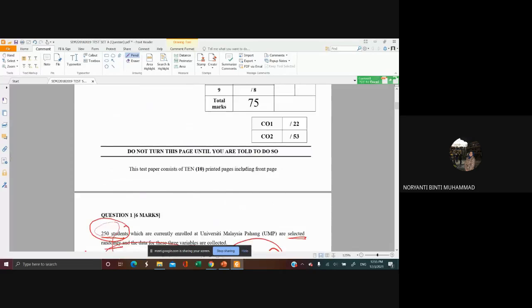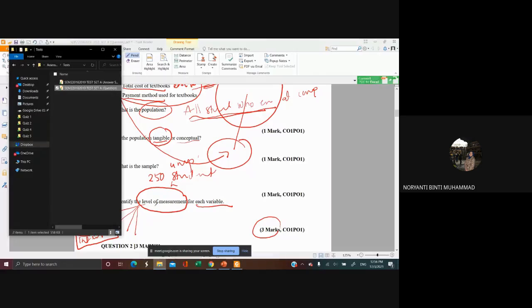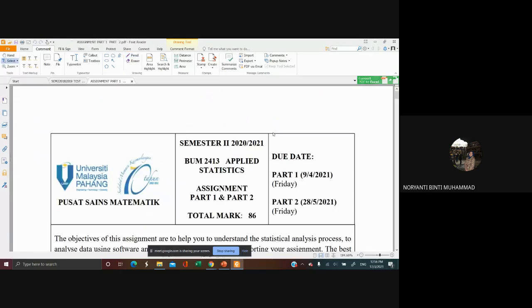Sebenarnya jawapan pun ada. Tapi I nak you try buat macam mana I buat ni. Jangan tengok jawapan dulu. Be honest with yourself. Alright, I ambil masa dalam 15 minit kot nak terangkan pasal assignment. Is it okay or not? Okay, madam.